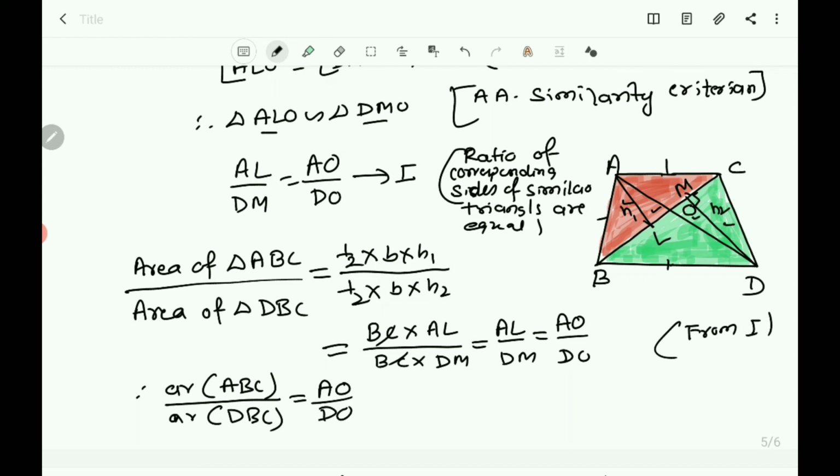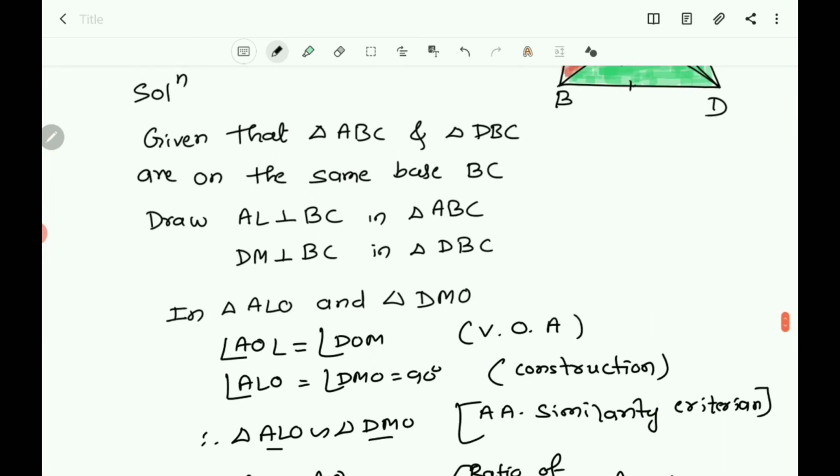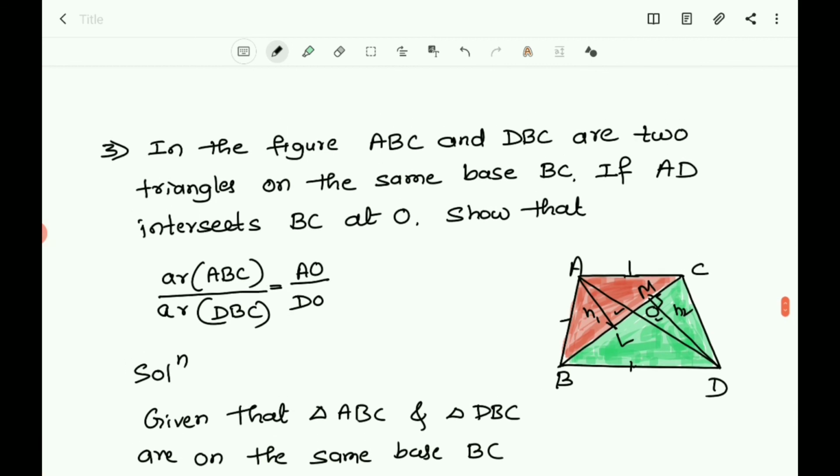So it was a question that show that the area of triangle ABC by area of triangle DBC is equal to AO by DO. Here we have taken the triangle ALO and triangle DMO and we proved that they are similar. With the help of that we got the ratio AL by MD is equal to AO by DO relation, and that relation is used to take the ratio of the area of triangle ABC and area of triangle DBC.